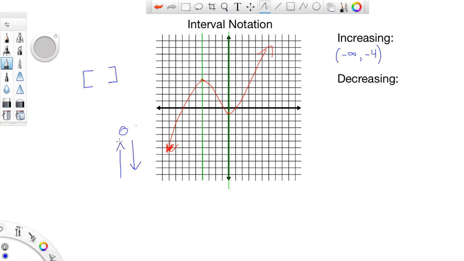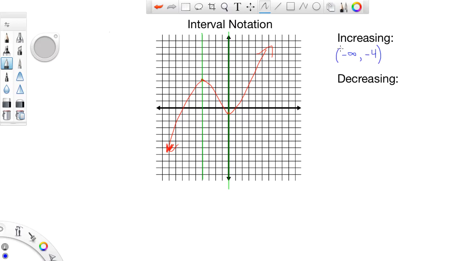It is stopped, because it has to stop its forward momentum in order to change it to backwards momentum and go in reverse. So that is why, when we deal with increasing and decreasing functions, we use these parentheses, which say this value, negative 4, is not in the interval. It's increasing all the way up until negative 4, but not at negative 4, because that's where it stops.